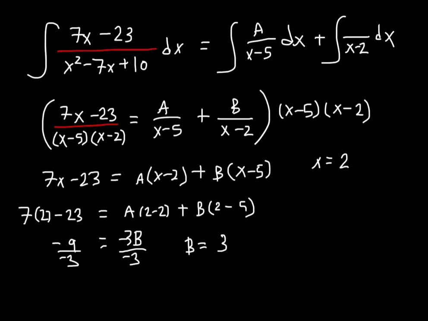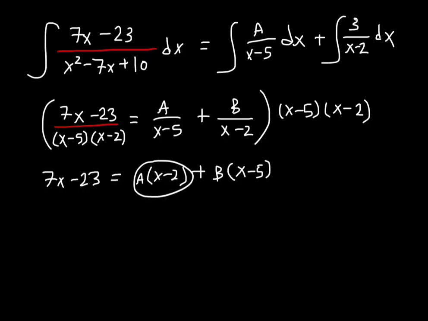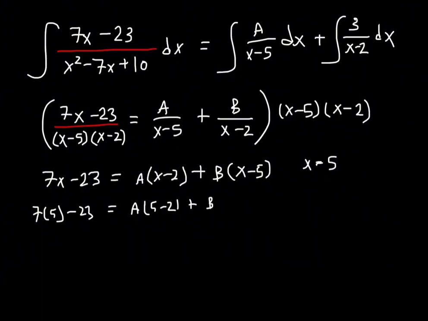So I'll replace this B here with positive 3. Now to solve for A, I need to get rid of B. So what I'll do is plug 5 into x. So this will be 7 times 5 minus 23 equals A times (5 - 2) plus B times (5 - 5).